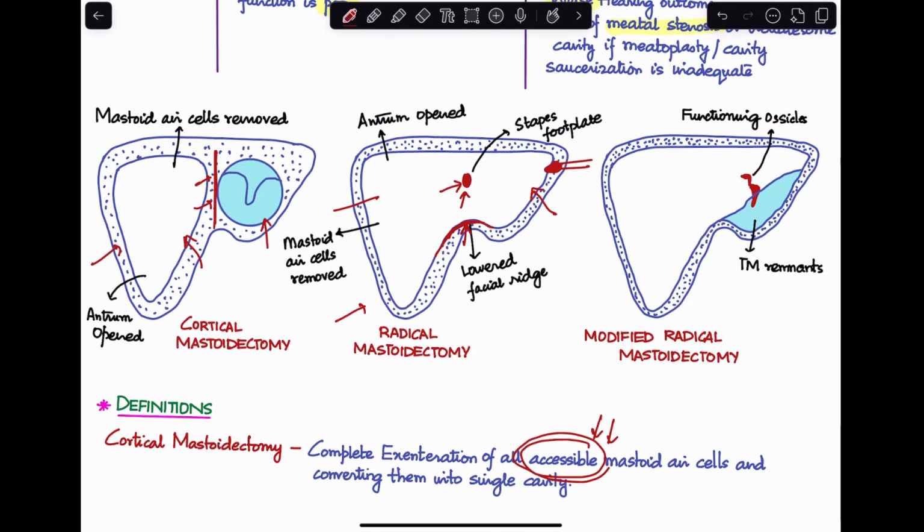If you see in the image over here, these are the tympanic membrane remnants which are still retained. The eustachian tube opening is not blocked over here. We maintain its function, and whatever ossicles are left, we should preserve them instead of removing all of them. That's the difference between radical and modified radical mastoidectomy.